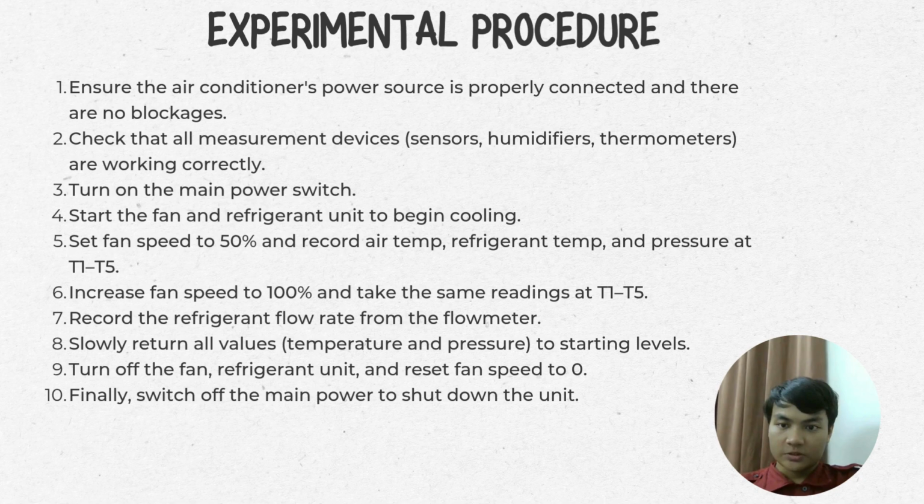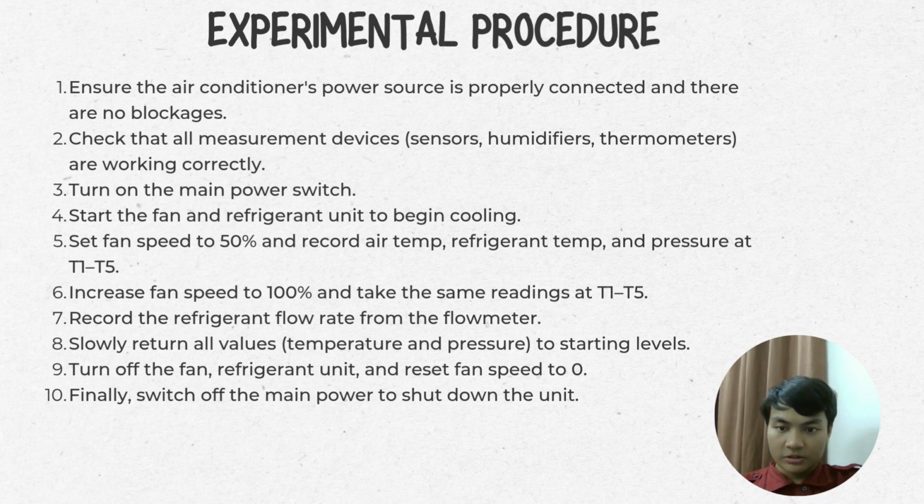Next, set fan speed to 50% and record air temperature, refrigerant temperature, and pressure at T1 to T5. Next, increase fan speed to 100% and take the same readings at T1 to T5. Next, record the refrigerant flow rate from the flow meter.